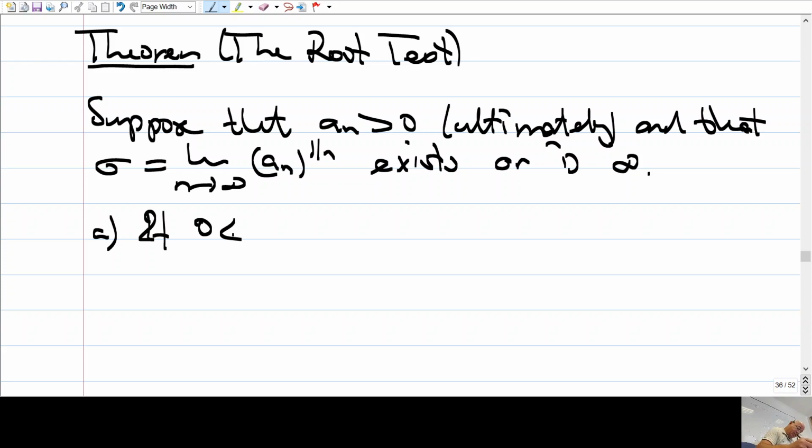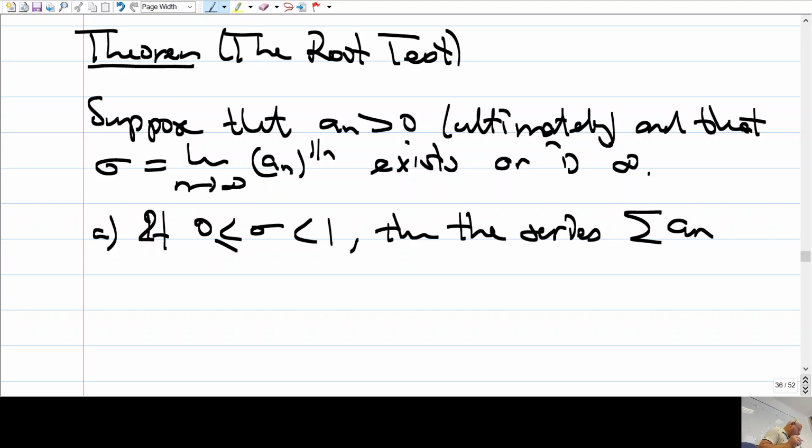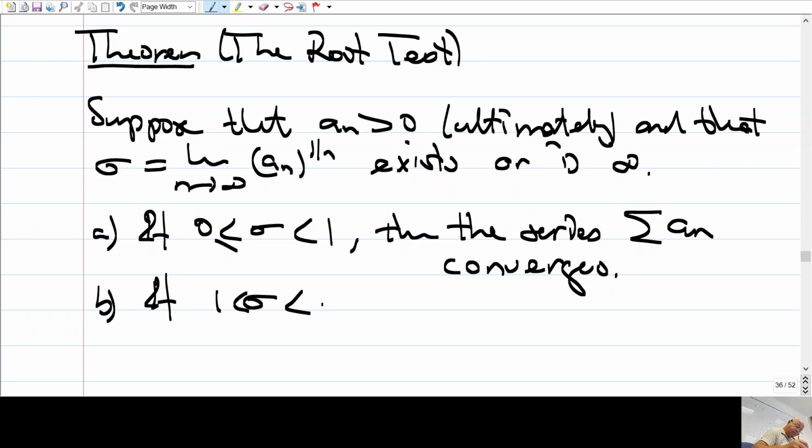If sigma is less than 1, and of course it is positive, then the series converges. So the statement is very similar to the ratio test.